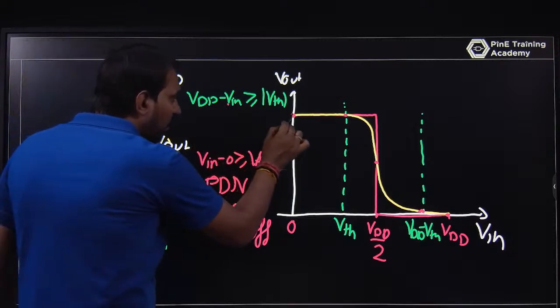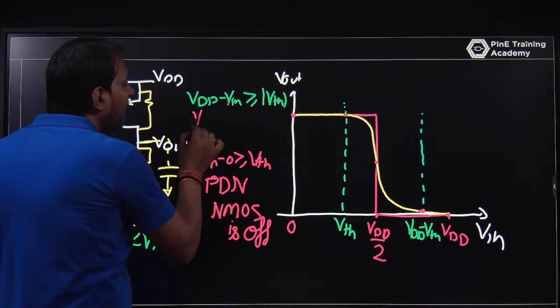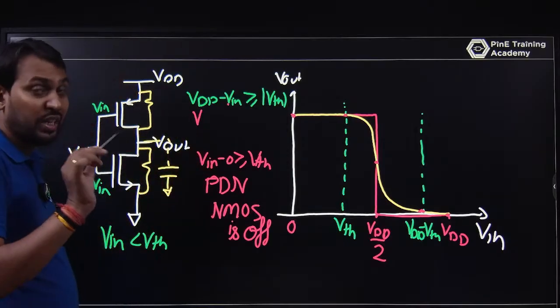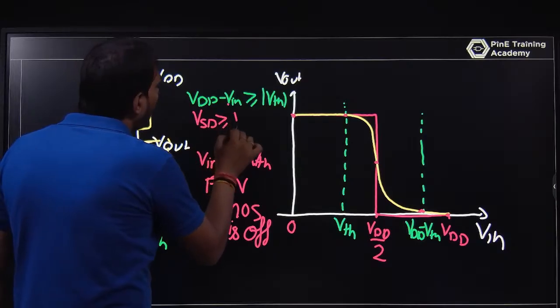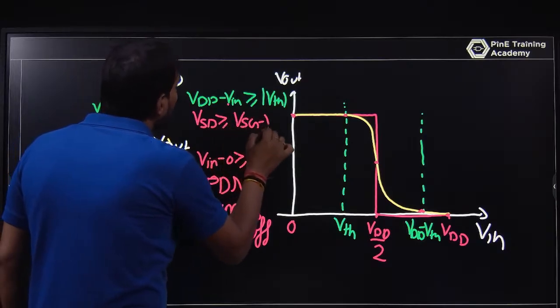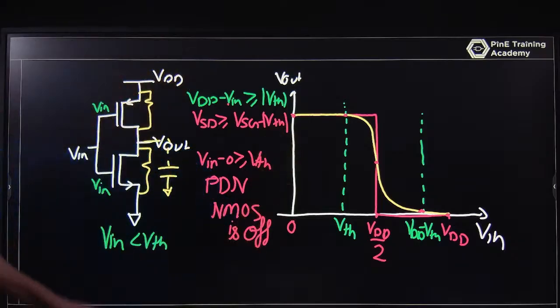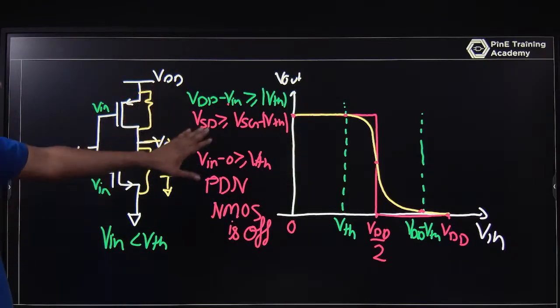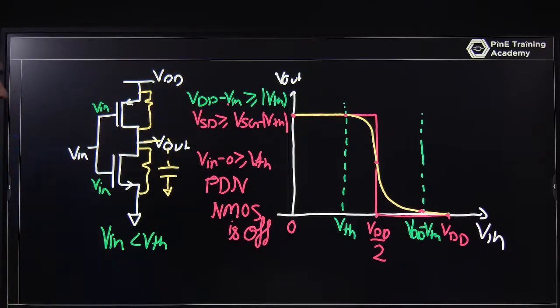At this point, what is the region of the PMOS? If the PMOS is on, just put VSD greater than or equal to VSG minus mod VTH for the saturation region. If this condition is true, the PMOS is in saturation. If this condition is not true, the PMOS is in the linear region. Just check it there.